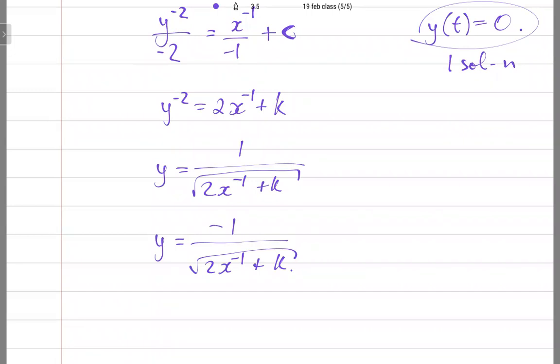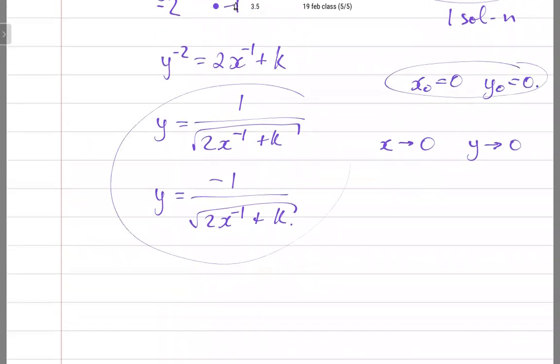And do not forget that we have an initial condition: when x tends to 0, we should have y equal to 0. Remember that we have x0 equal to 0 and y0 equal to 0.